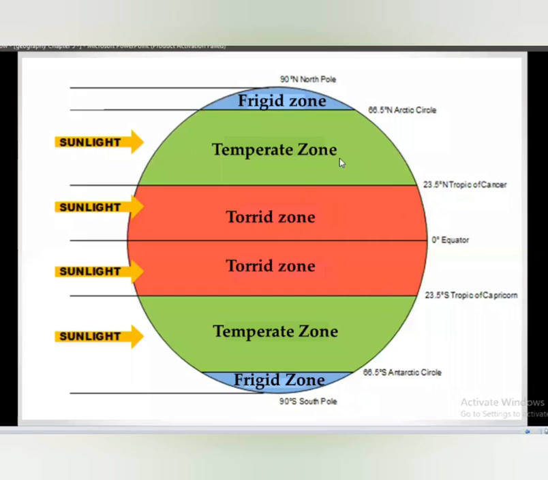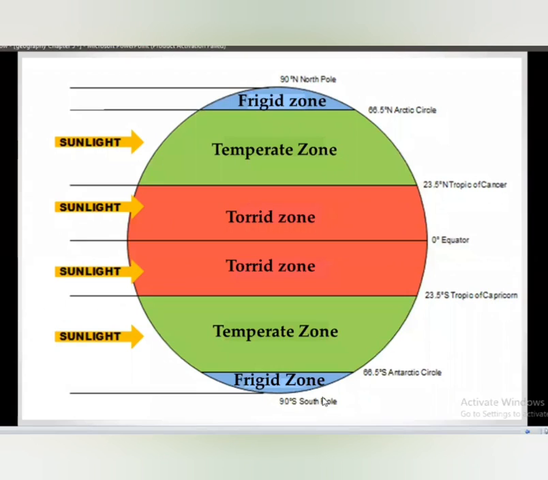Temperate zone is the area from Tropic of Cancer to Arctic Circle and Tropic of Capricorn to Antarctic Circle. Frigid zone occupies from Arctic Circle to North Pole and Antarctic Circle to South Pole.